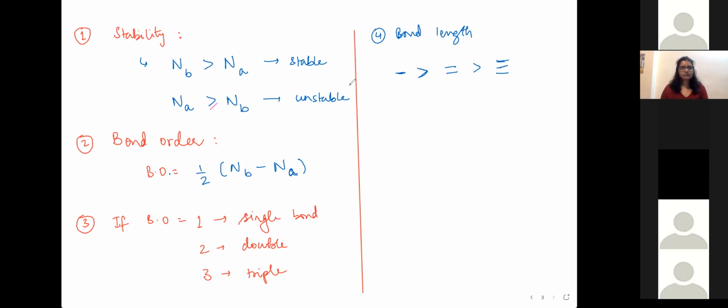Next, this is the most important property. Based on this, you'll be asked a lot of questions. This is the magnetic nature.